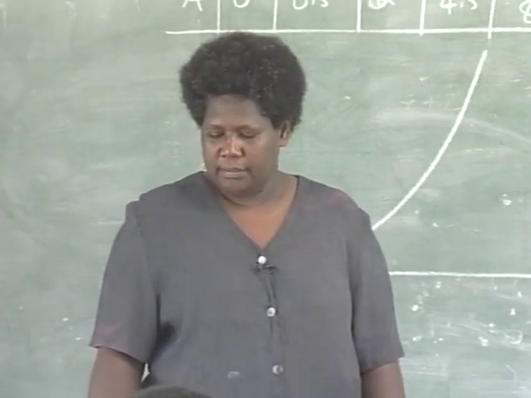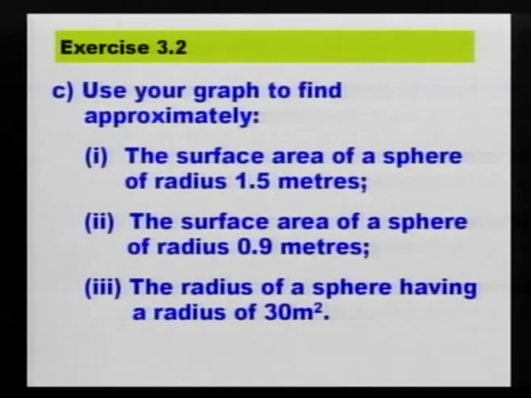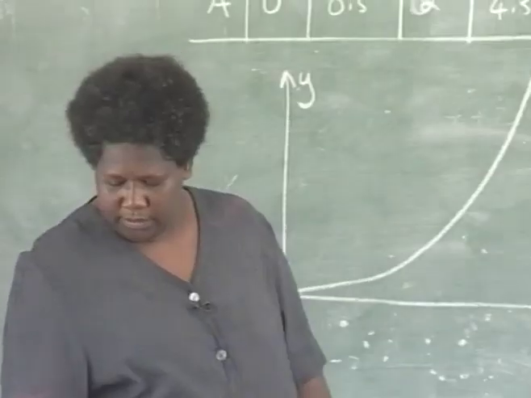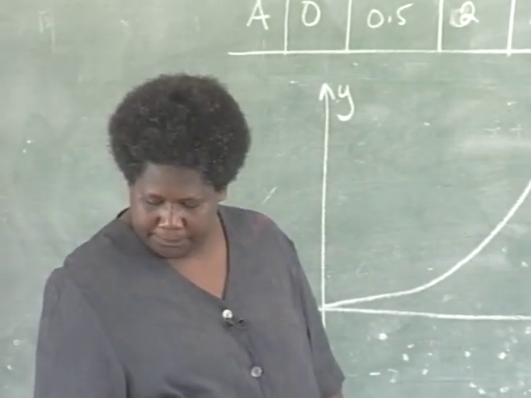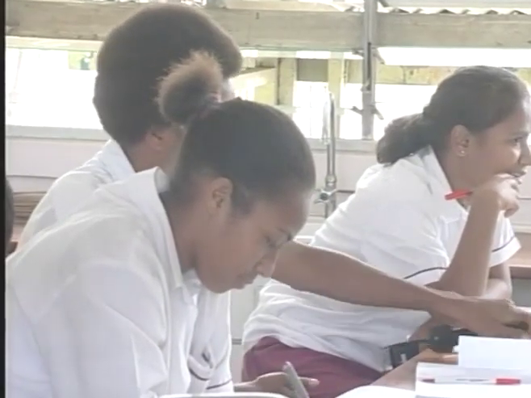Part 3. Now you have to find the radius of a sphere that has an area of 30 square meters. 1.5 meters. That's 2 decimal places. Okay. That's correct. Now, 2 ways you can do this.